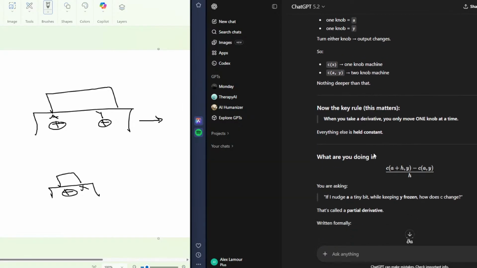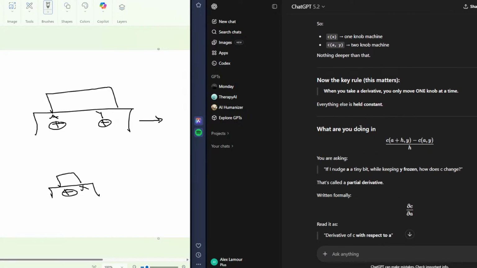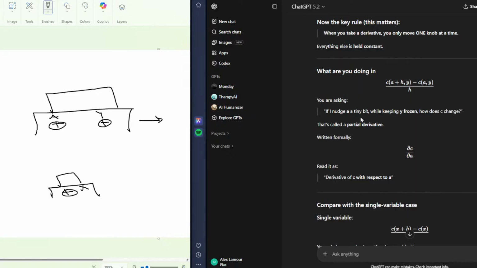When you take a derivative, you only move one knob at a time. So if I nudge a tiny bit while keeping y frozen, how does C change? That's called a partial derivative. In this formula where two things are changing, I'm going to just change one thing to see what happens.